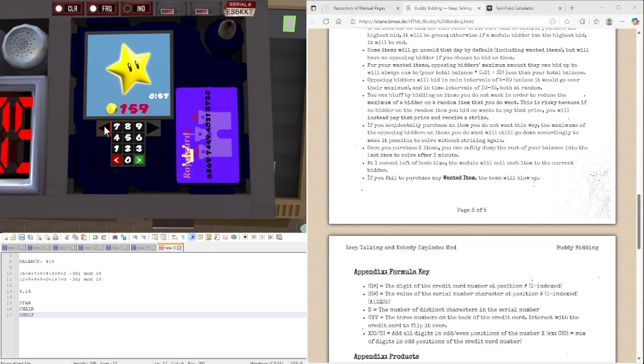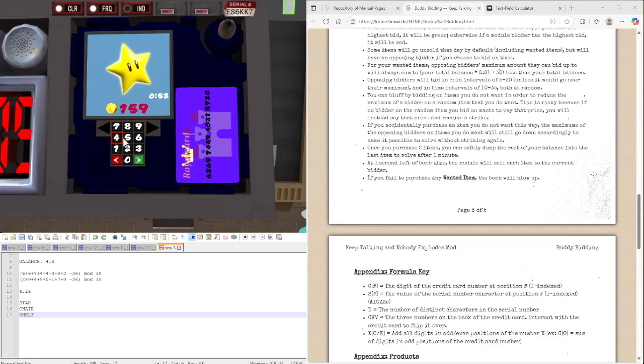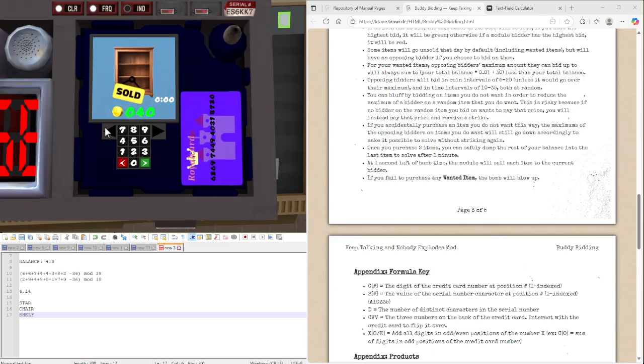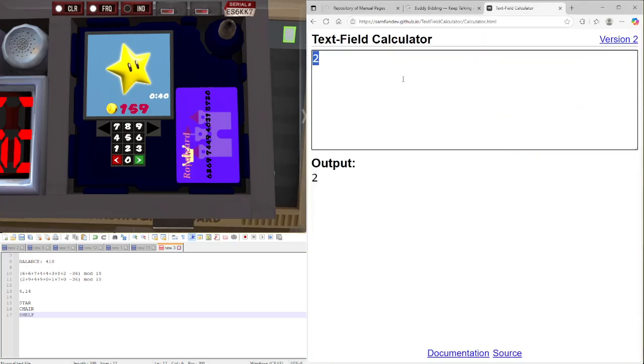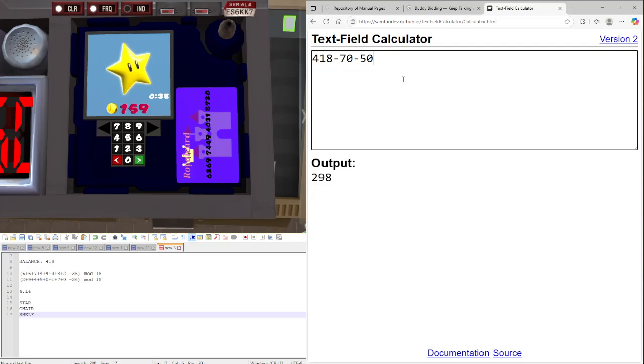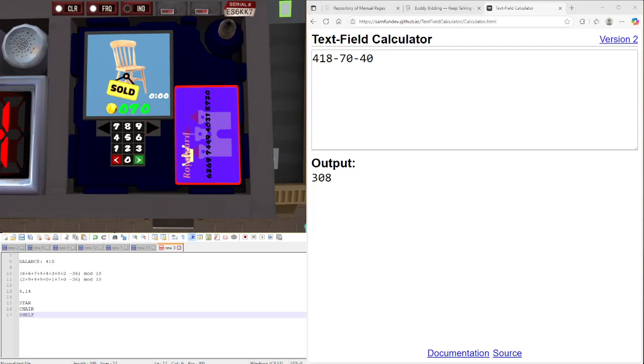Gives me a good feeling though, given that these two are right. We need to rebid. Do we have that much? 480 minus 70 minus 40. Yeah, we are that much. Right, 190. Just to make sure we actually had that much.